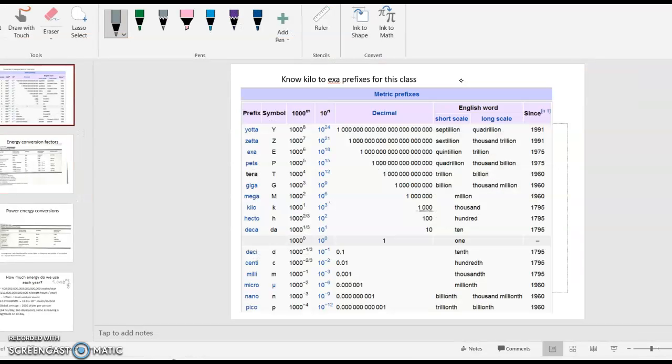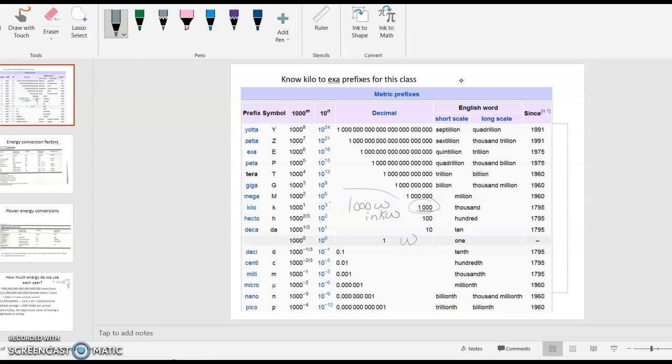And if you remember from these slides, kilo is 1,000. That means there's 1,000 of something in 1 kilo. So if this was a watt, then there's 1,000 watts in a kilowatt.